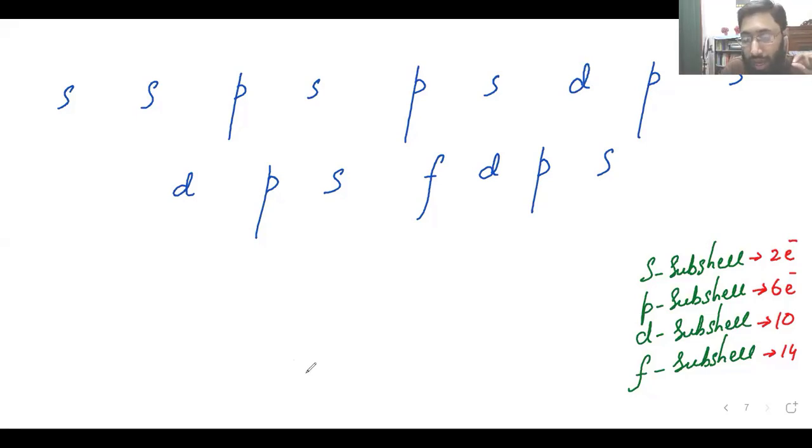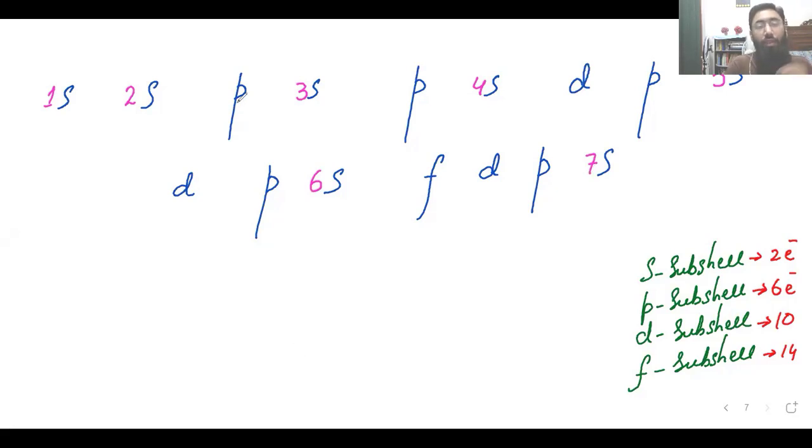Now let me allocate their shell numbers, and let's see. This is just as simple as counting. Everybody now count 1, 2, 3, ignore P, 4, 5, 6, 7. So first of all, I put the shell number for the S subshell.